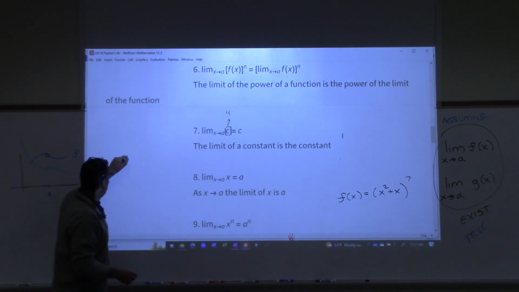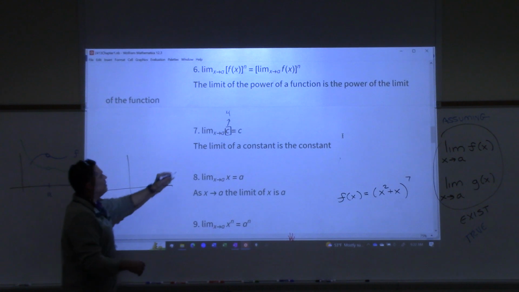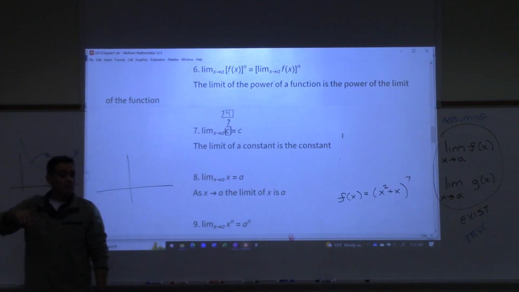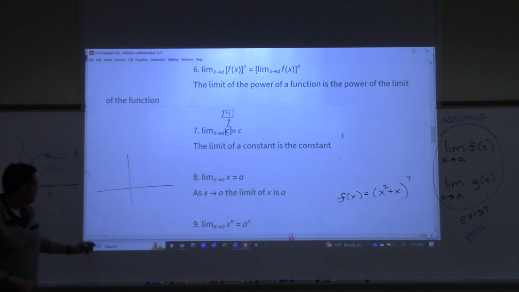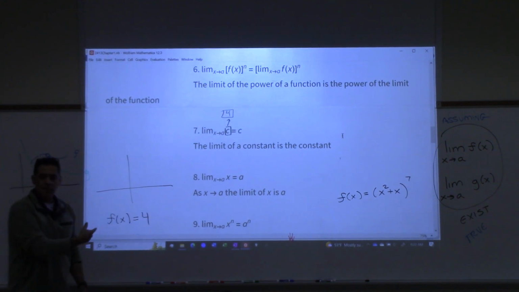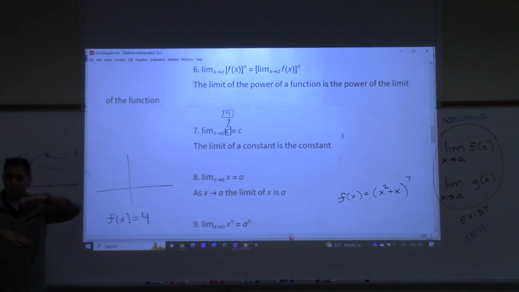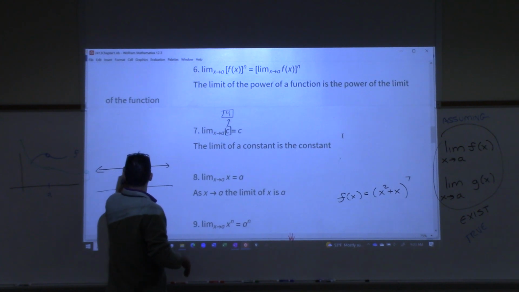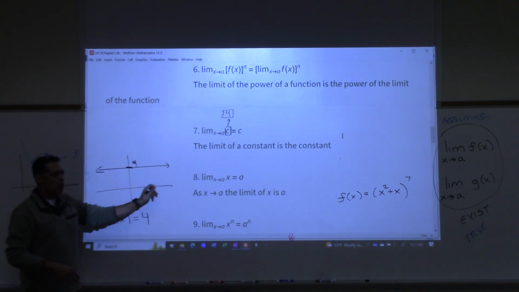Well, graph the function. What does the graph of this function look like? What does the constant 4 function look like? f of x equals 4. If I ask you to graph that, what is that? It's a horizontal line, right? So if I graph a horizontal line like this that goes through 4, it doesn't matter where you go.